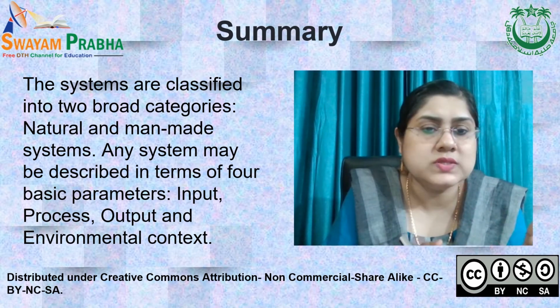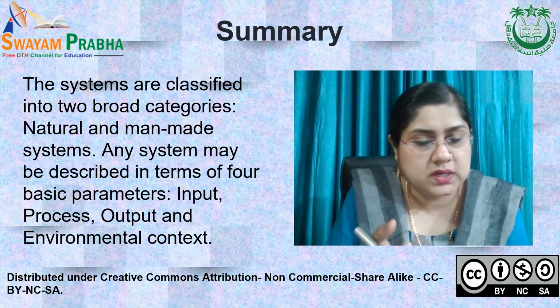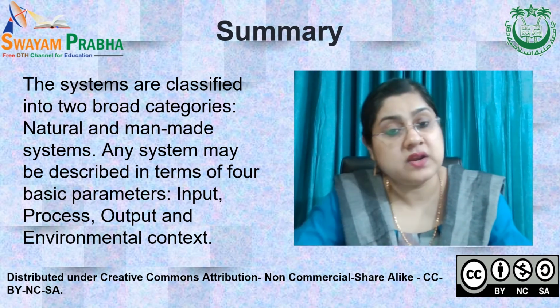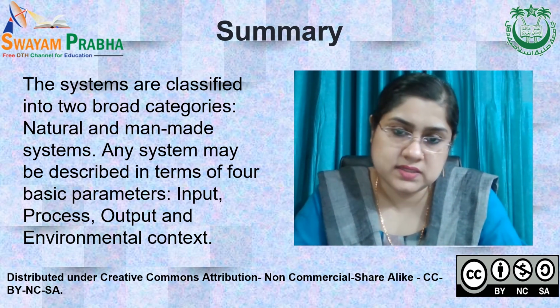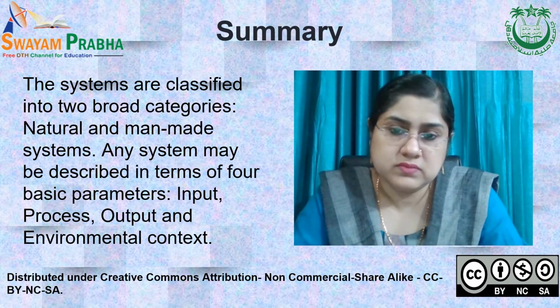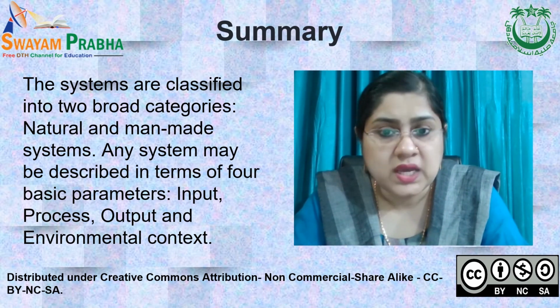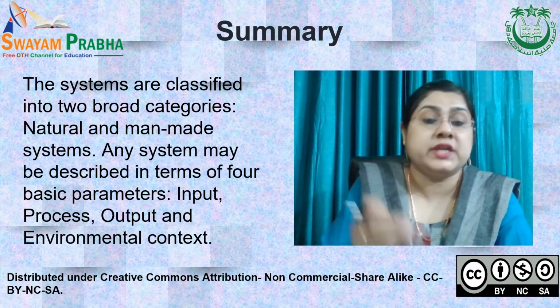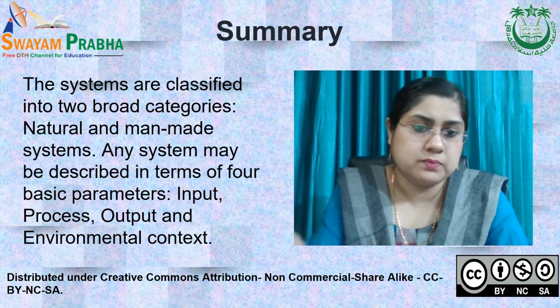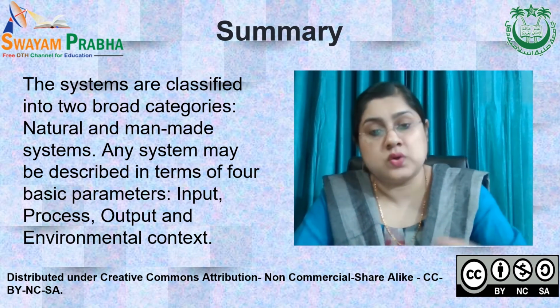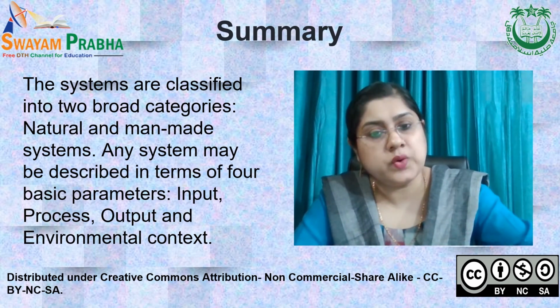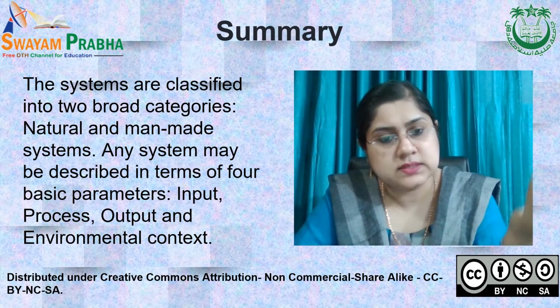Then we have also seen what the basic parameters are. There are four basic parameters of a system. The first is the input. What is put into the system, that is the input. Then the process: what is going on in a system, that is the process.